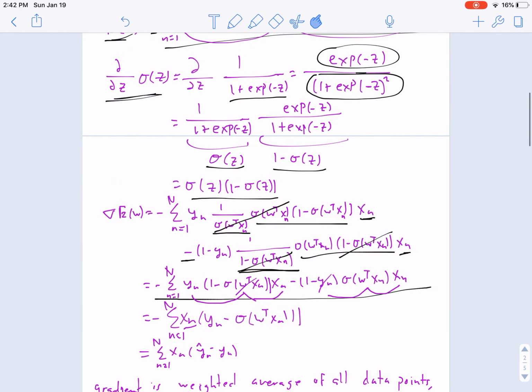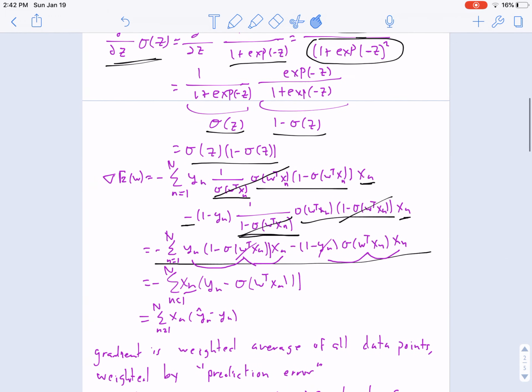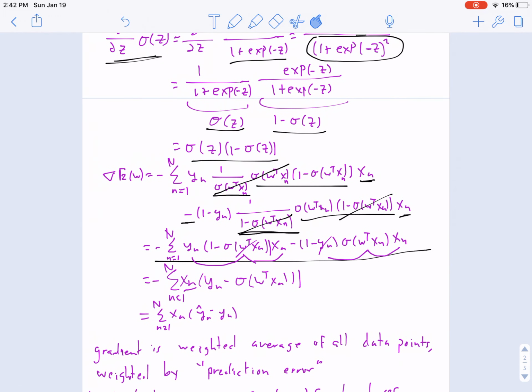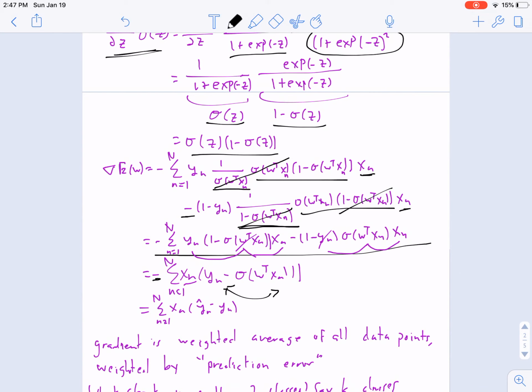Now, another way that we can write this is we can just take the negative and distribute the negative to just flip these around. Then we know that sigma of wtxn is actually our model's prediction, assuming w, of how likely the nth point is to be in class 1, whereas yn is the actual true probability of the nth point being in class 1.